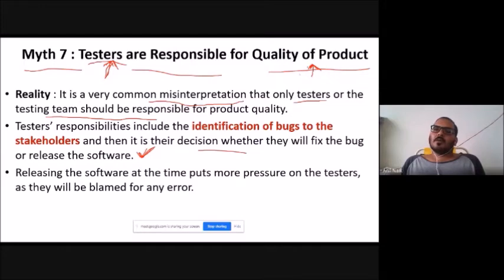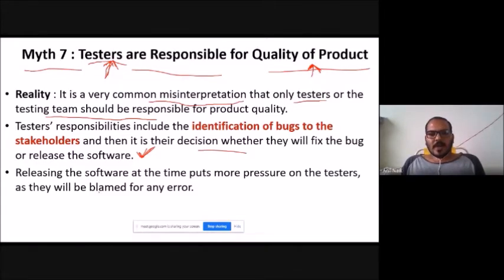But only the tester is not responsible. Along with the testers, the whole team, the development team, the project manager, everyone is responsible, because they are working in a team and they are all responsible for the quality of the product.